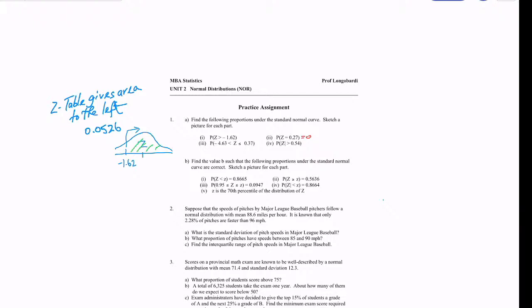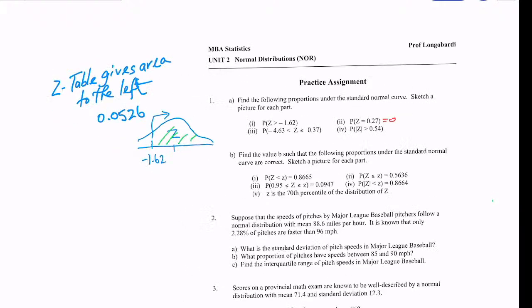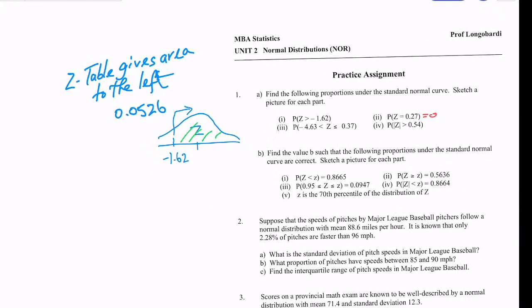If you want to figure out something that we haven't done too much yet, the area to the right, you have to compute 1 minus the area to the left. Which is 94.74. So that's the answer.